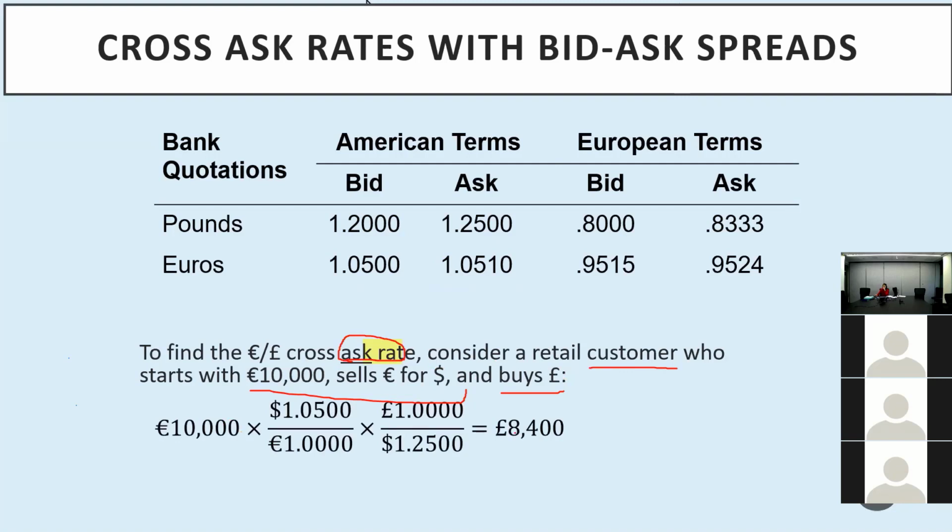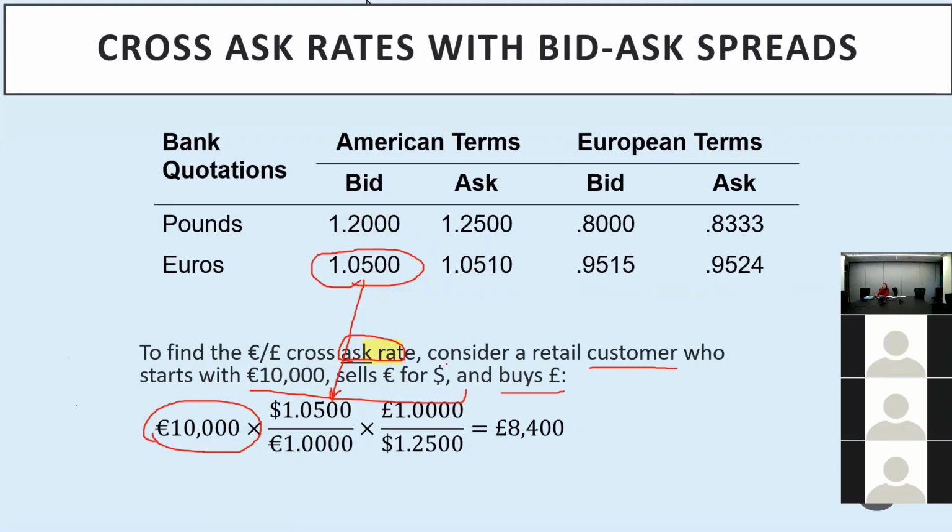So similar to the exercise that we did before, when we have 10,000 euro, if we sell the euro to acquire the dollar, we'll be selling at the bid rate for the bank, right? So as a customer, we are selling the euro at the bid rate.